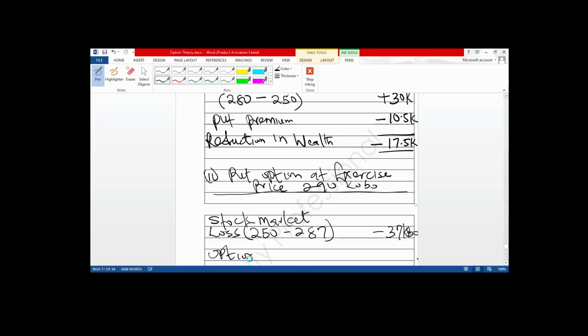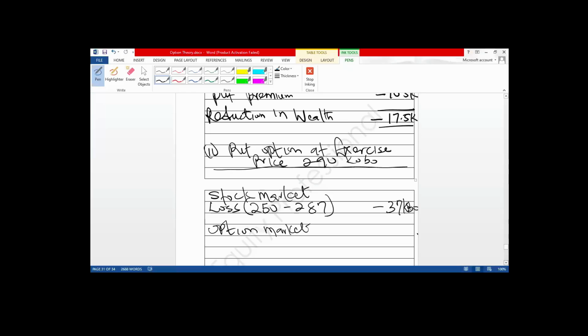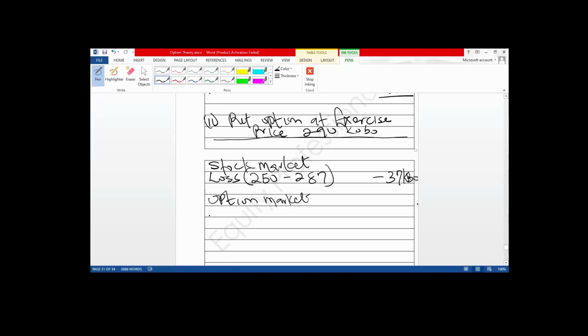At the option market, you have obtained a right to sell your shares for 290 kobo at the end of March. If the share price happens to be 250, you are going to exercise your right. Gain. You are going to sell for 290 what is now selling for 250.